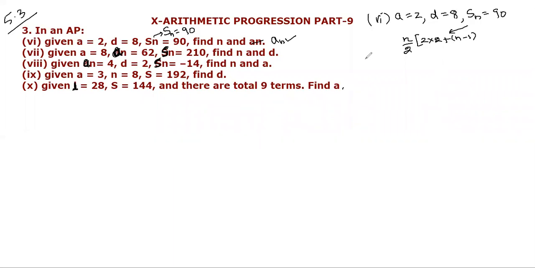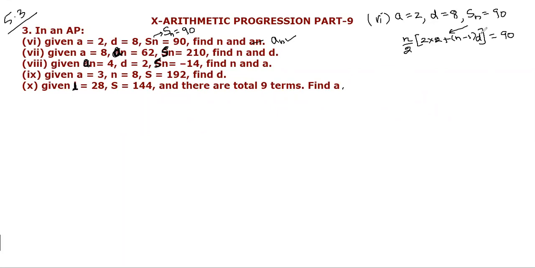So 2a plus n minus 1 into d is equal to 90. After writing, we can see that there is only one unknown quantity n. So we can solve it to get the value of n. But we will definitely get a quadratic equation, and solving that quadratic equation gives the value of n. Okay, so solve this.